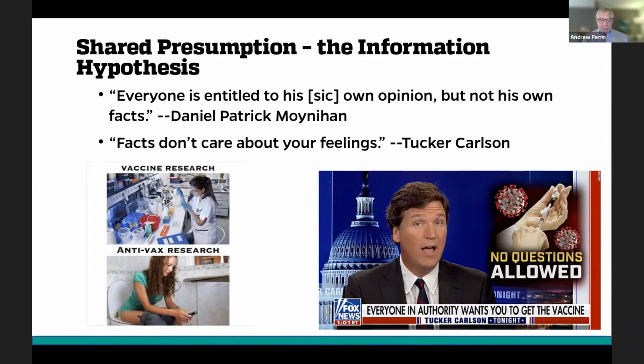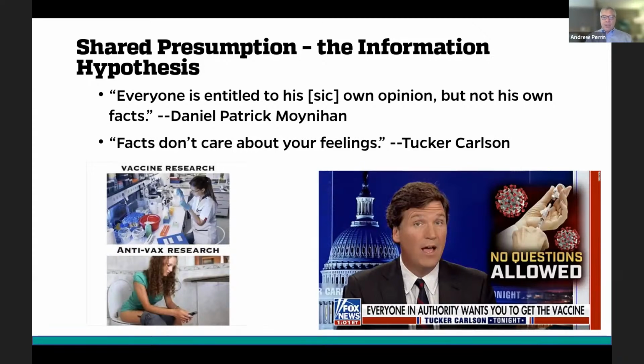Right, so the shared presumption across both left and right is that if the other side had better information, they would agree with us. Again, Tucker Carlson saying his analysis is based on the facts, yours is based on the feelings. Moynihan saying that the facts are what actually drive the argument, but opinions are the only thing everyone's allowed to have different ones of.